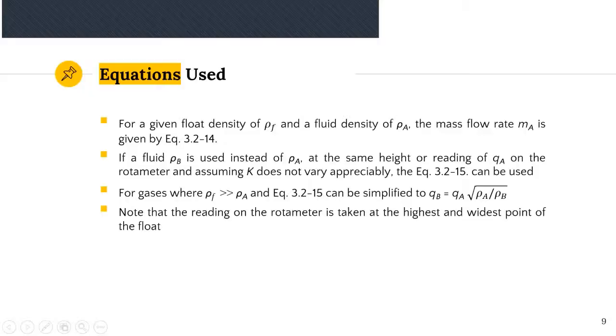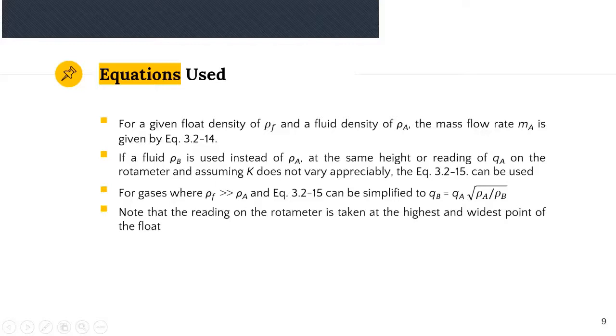Now, for a given fluid density, because the fluid itself has its own weight, its own density, for a fluid density of rho f, or density of the fluid, and a fluid density of A, the mass flow rate MA is given by equation 3.214.